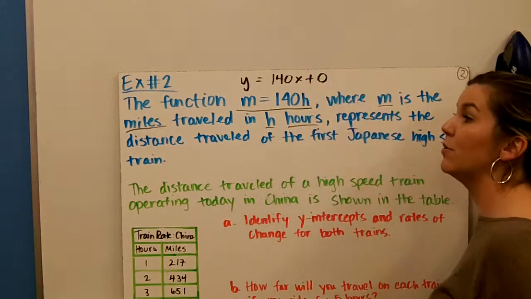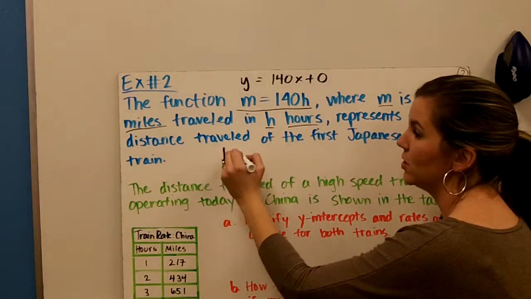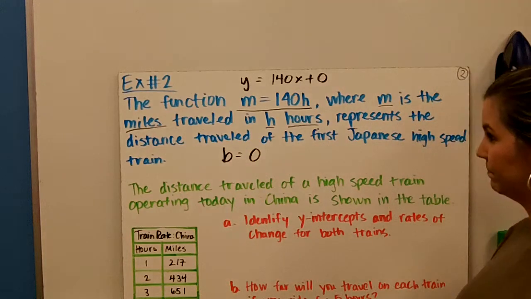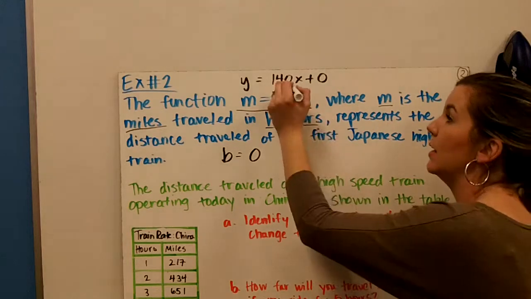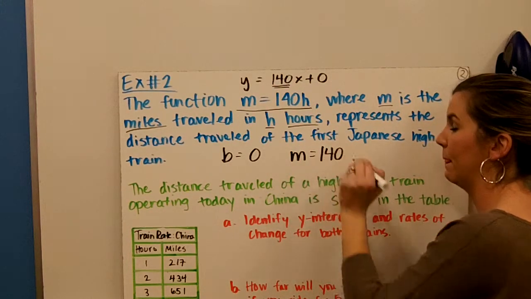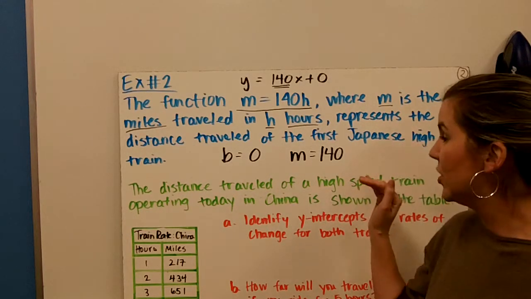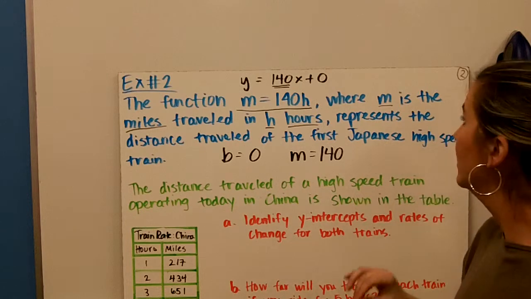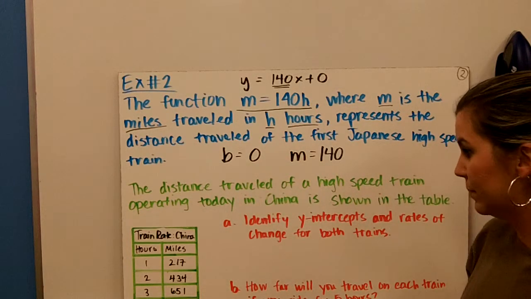Well, plus 0, that's our b value. So our y-intercept in the first one is 0. And the rate of change for Japan is 140. So the Japanese train goes 140 miles per hour, and it starts at no miles traveled.